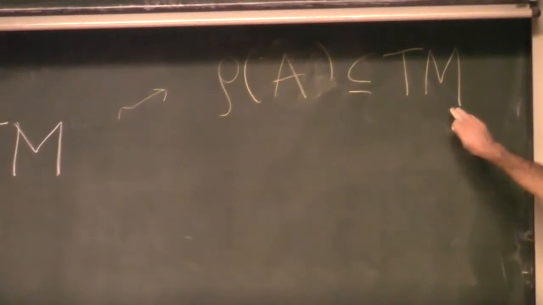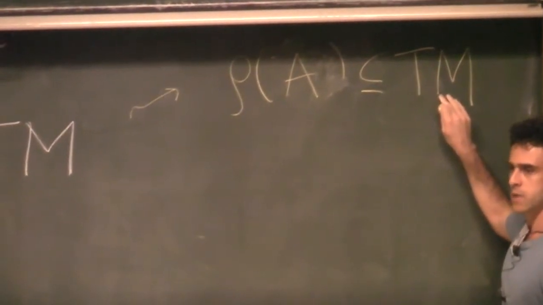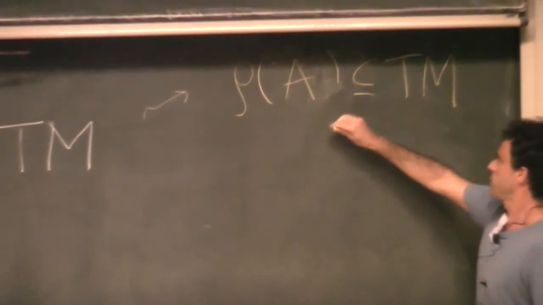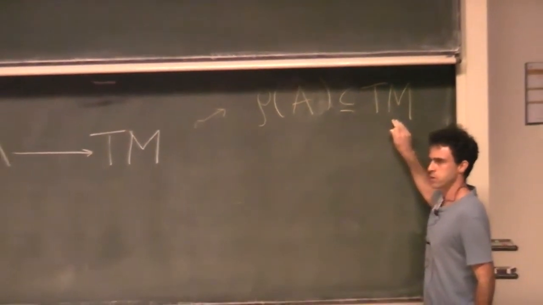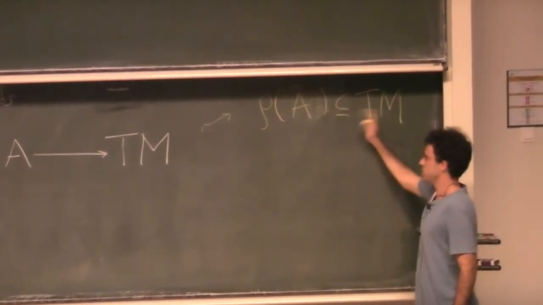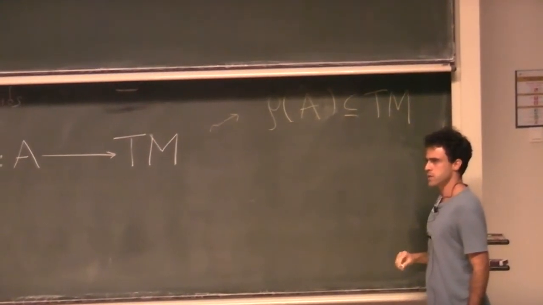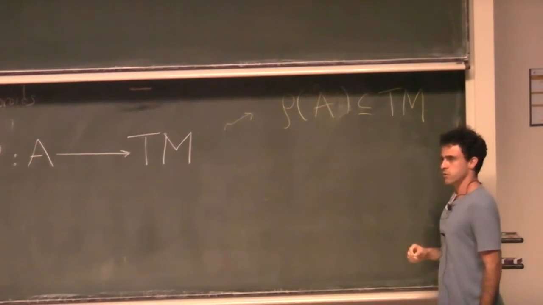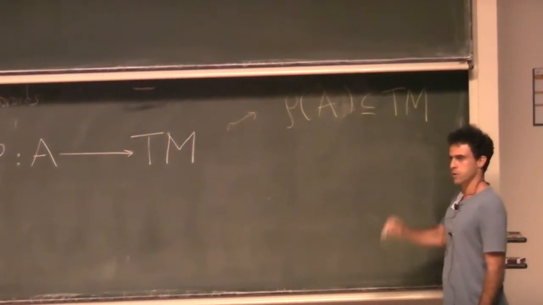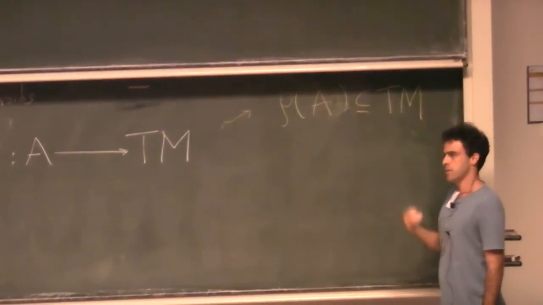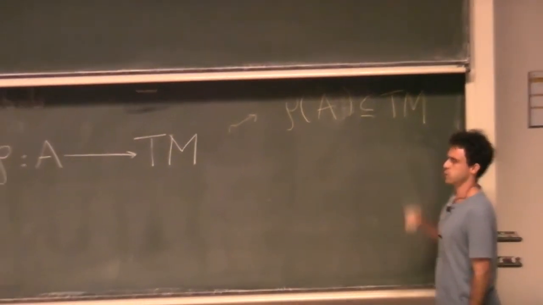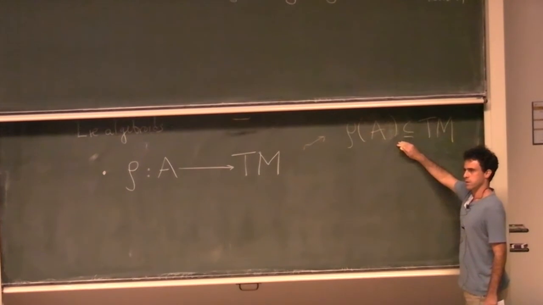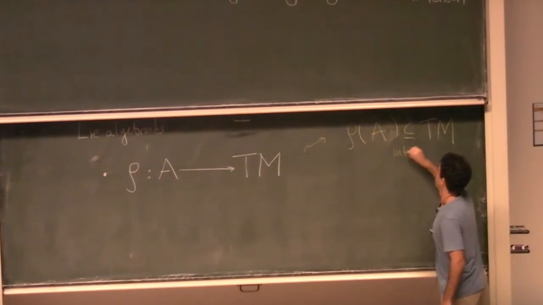So this really gives you a subspace of TM at each point. So it's a distribution, and of course it's not just a subbundle. The rank of this image can vary from point to point, but it's one of these generalized distributions, and it's always integrable. So there are always leaves that may vary in dimension as well. The leaves are called the orbits of the Lie algebroid. But this is always an integrable distribution.